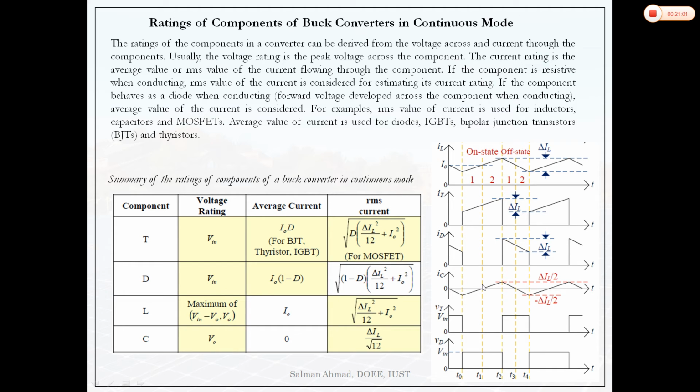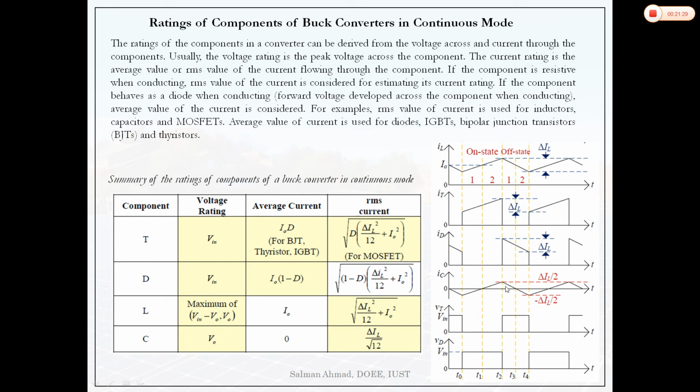This time interval is half, or the midway. So this is TS by 2, and for the remaining TS by 2, it is getting discharged. Positive charge accumulation will give the voltage ripple in the output, and the discharging interval also will give the same output ripple voltage.